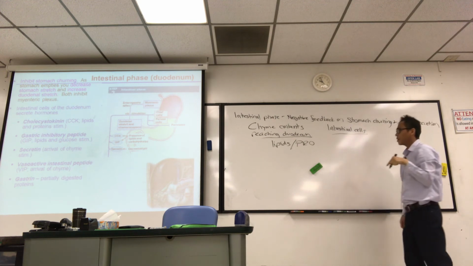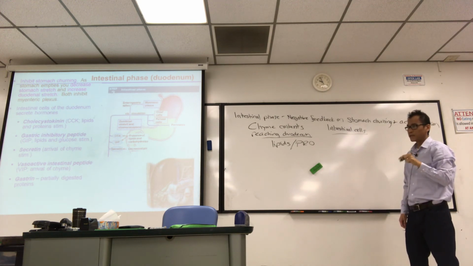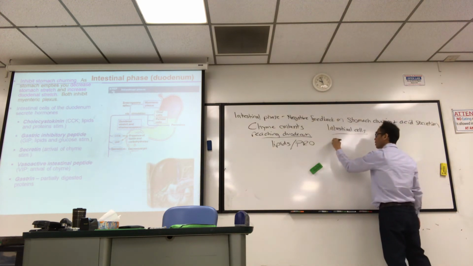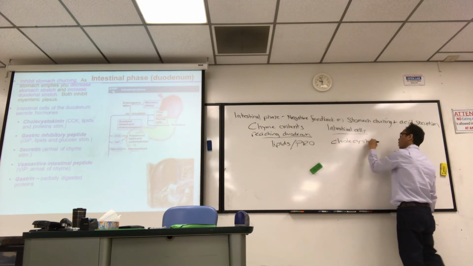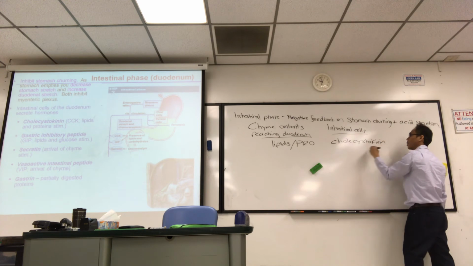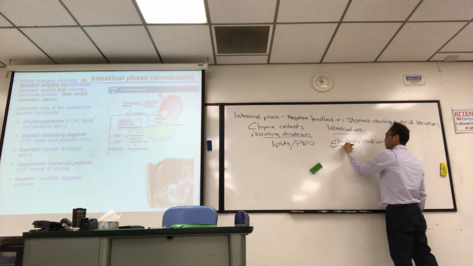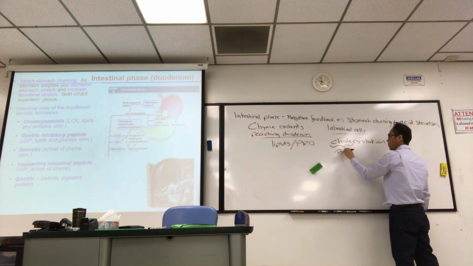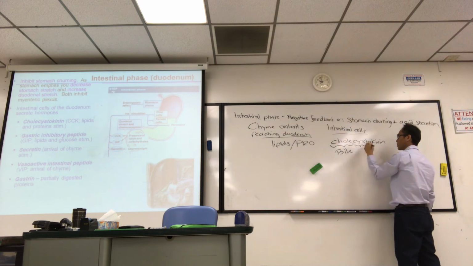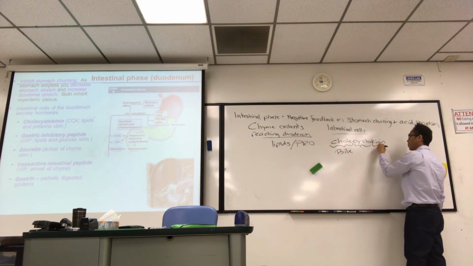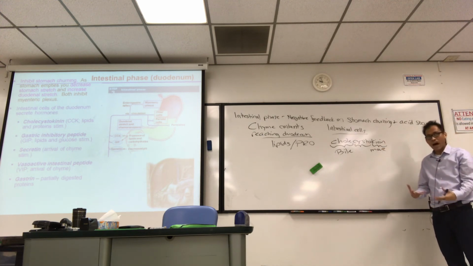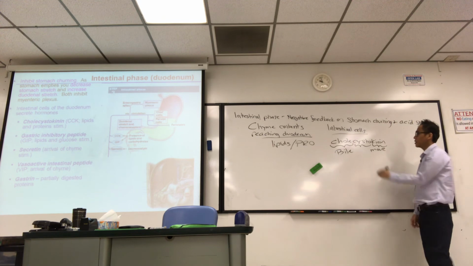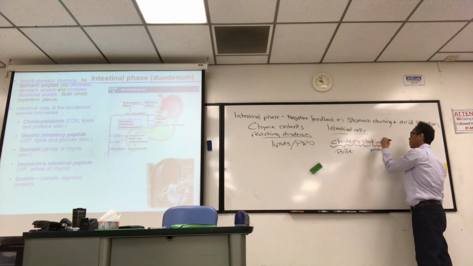The full name is cholecystokinin. Chola means bile, cysto refers to the gallbladder, and kinin means move. So basically the name means move bile. I usually call it CCK for short.